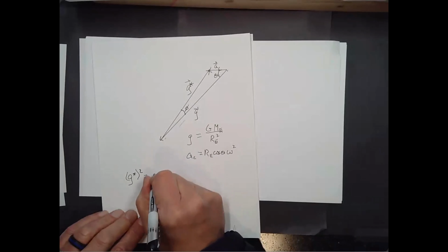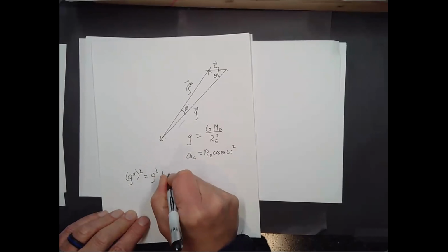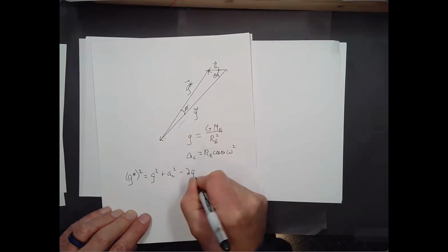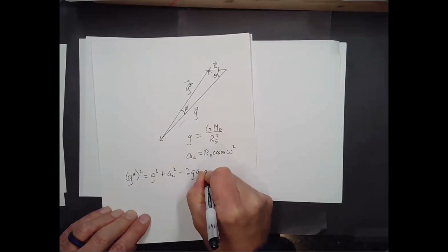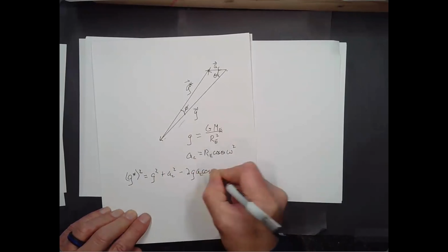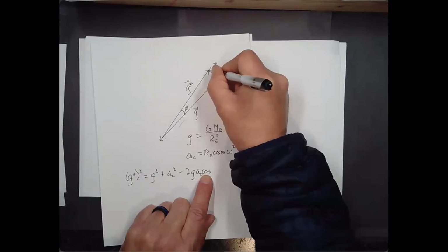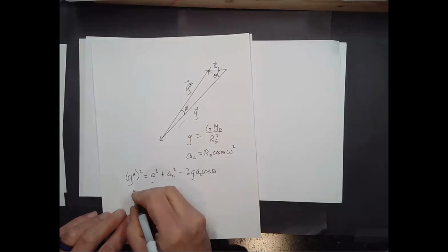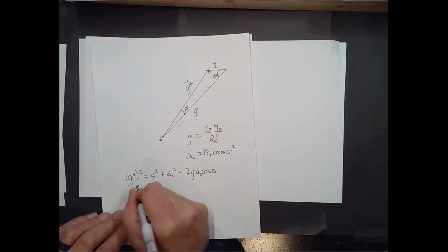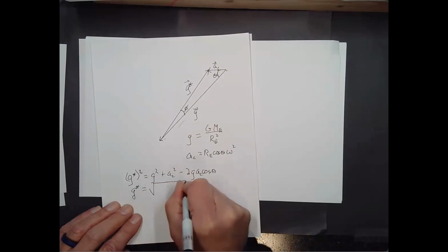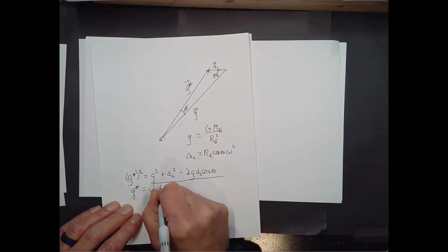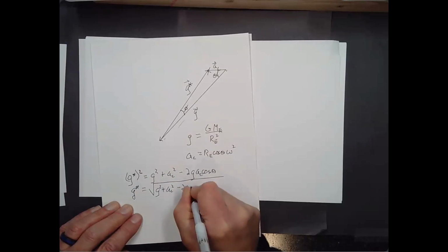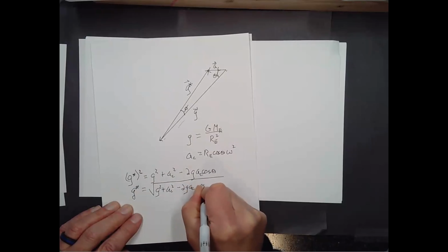So it'll be just plain g squared plus a_c squared minus 2 times g times a_c times the cosine of the angle between a_c and g, which is theta. Or g star will equal the square root of all that stuff: g squared plus a_c squared minus 2 g a_c cos theta.